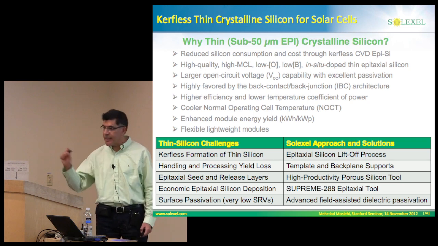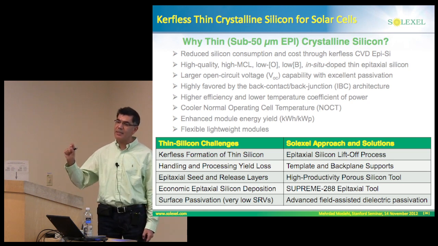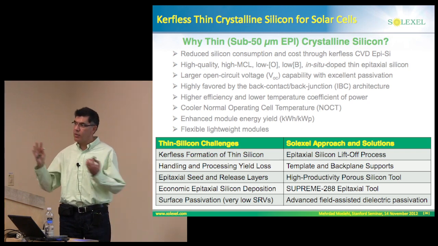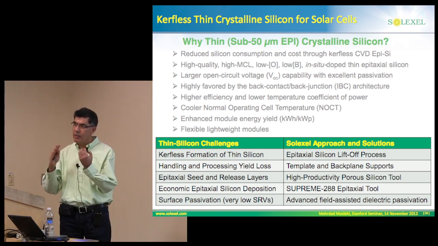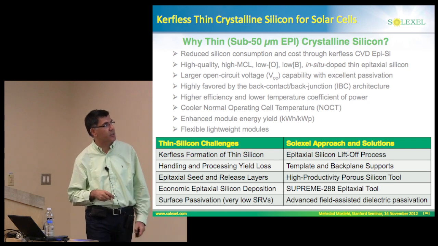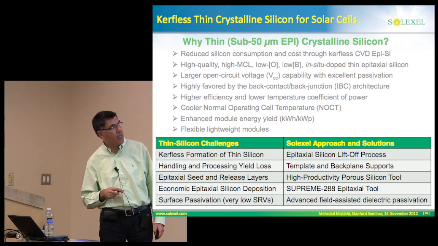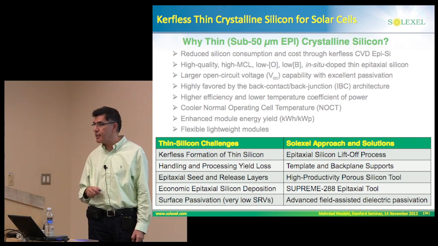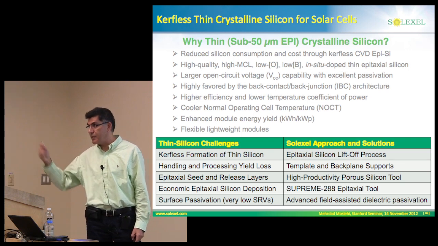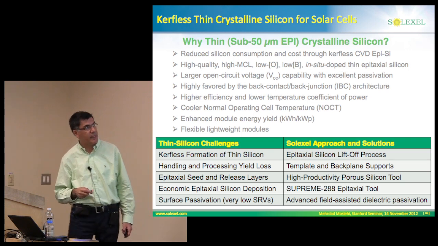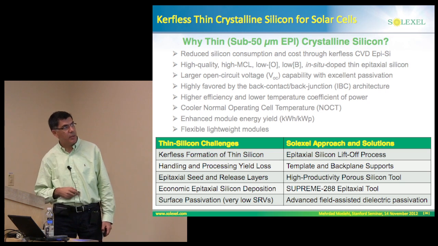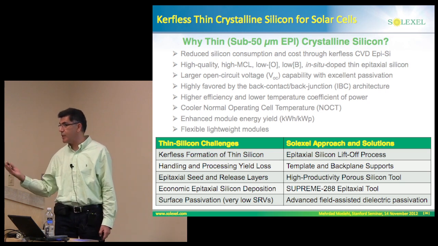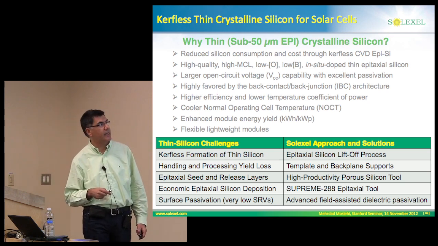Also, thin silicon has excellent synergy with interdigitated back contact architecture. You like to have thinner silicon with the back contact, back junction architecture. A lower temperature coefficient because of a higher VOC is another very important benefit. Cooler normal operating cell temperature; we have actually shown that.